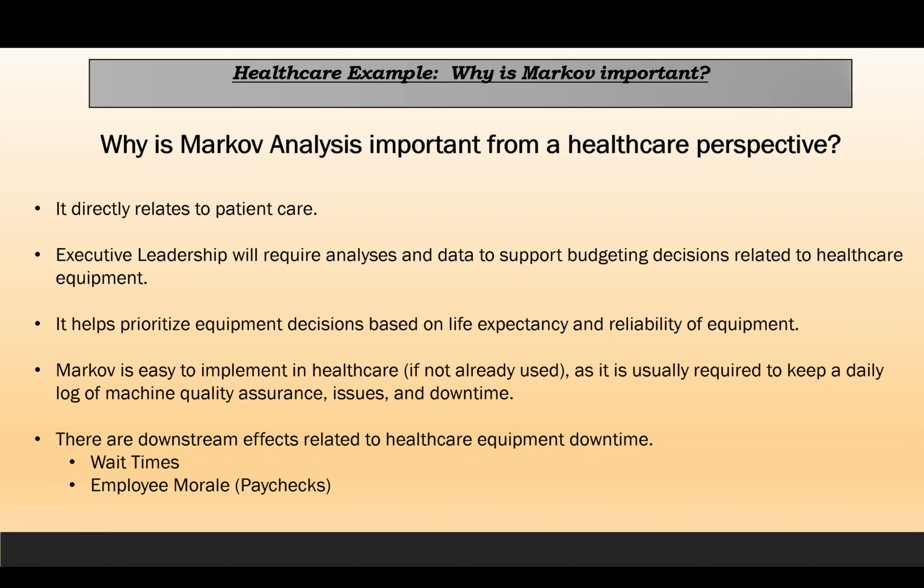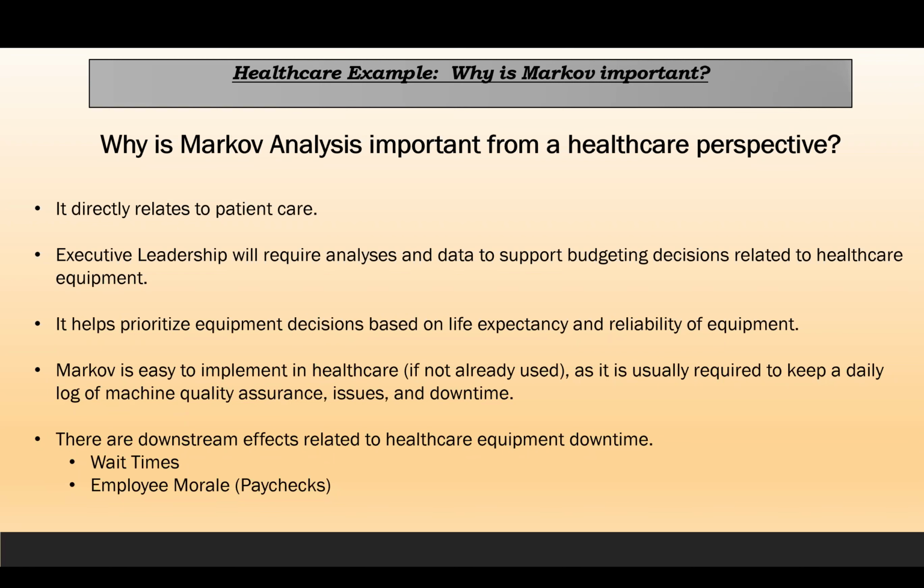So let's go over a scenario. A linear accelerator is also called a LINAC, so I shortened that here. Essentially, we're going to start with two states to consider. State one is that the LINAC is working. State two is that it's not working and it's down.